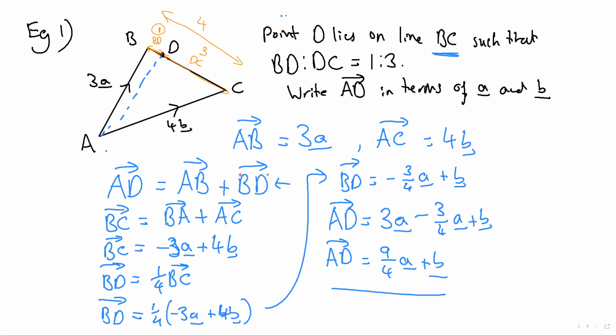If you don't know one of the vectors, try and figure that vector out over here. And then keep doing that until you find the vectors you need, and you can work your way back up and solve the original equation.